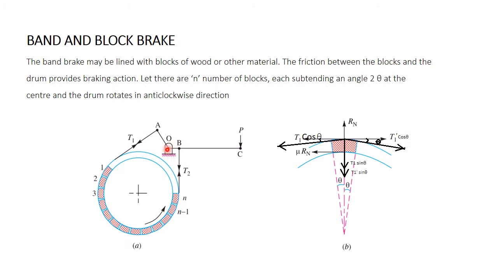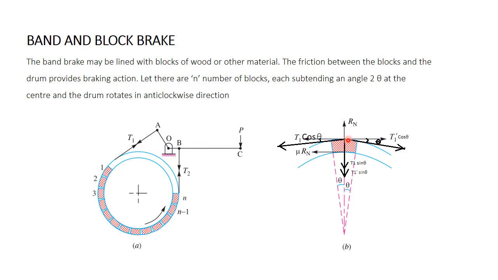Now we will discuss some mechanics related to the band and block brake. Take a single block subtending angle 2 theta at the center of the drum. If the tension on the left side is T1, then the other side will be T1 dash, and T1 and T1 dash make angle theta with the horizontal line passing through the center of the block.